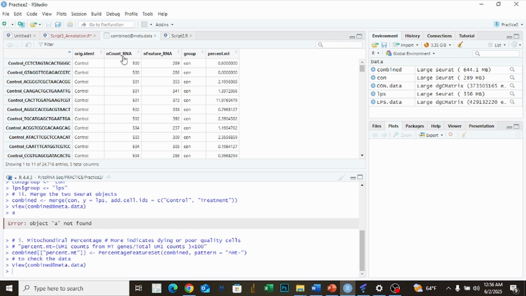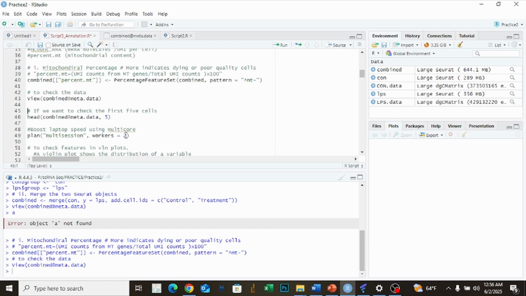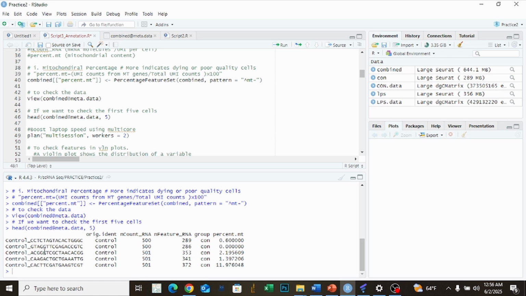Before that, only nCount and nFeature were available. If we want to check the top 5 cells, we can use this command, and these are the first 5 cells, and for each cell we see nCount RNA, nFeature, and mitochondrial percentage.